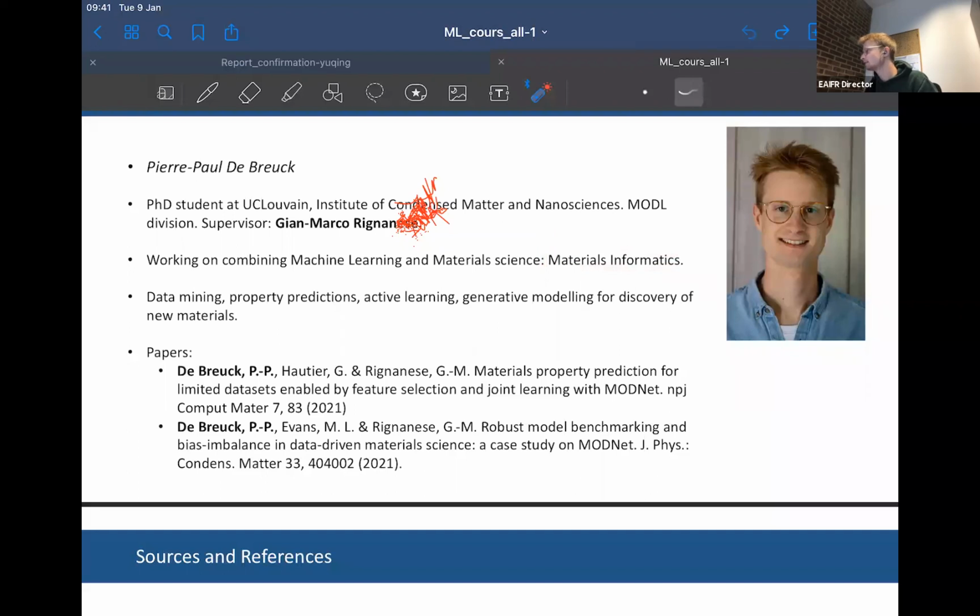So the idea is really for me to use databases of materials and corresponding properties to build models that can predict properties, generate new materials, and also do unsupervised learning to see some patterns, to see some classes of materials, and everything has to be done so that we can discover new materials based on the knowledge we have.